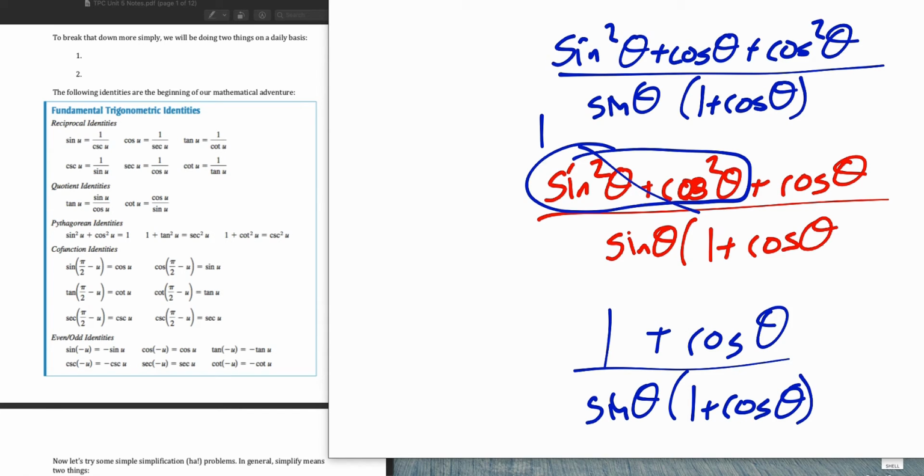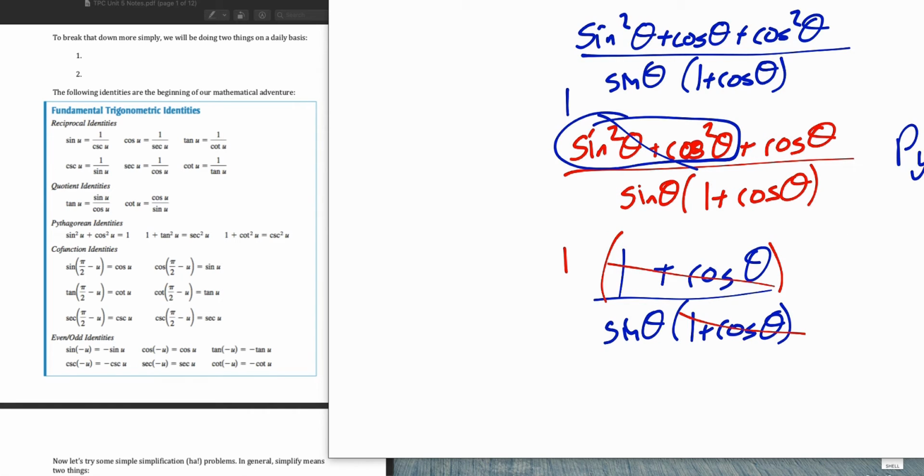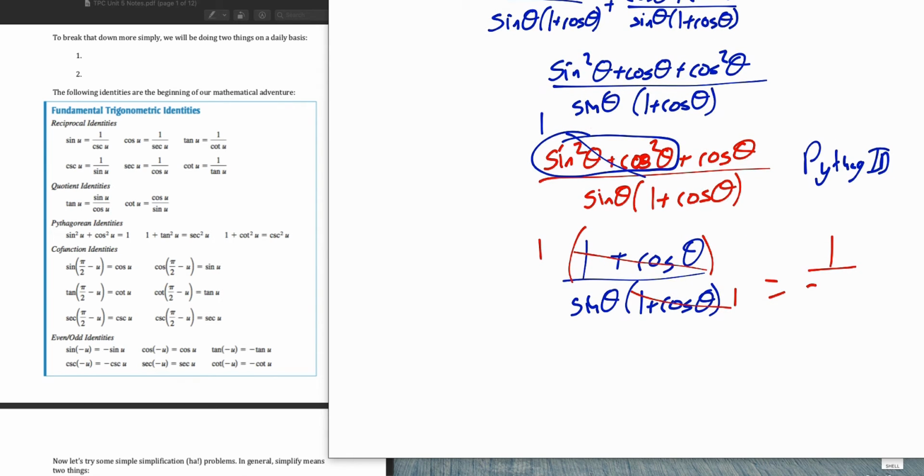So 1 plus cosine can cancel out. Remember, when we cancel those out, we end up with just 1 on top and 1 on bottom. So we have 1 over sine of theta, which we know is cosecant of theta. So this all simplifies down to the cosecant of theta.